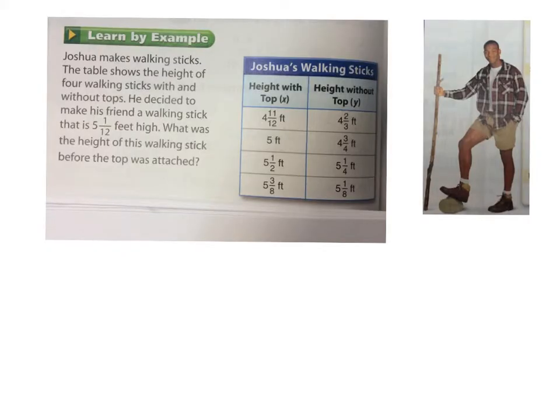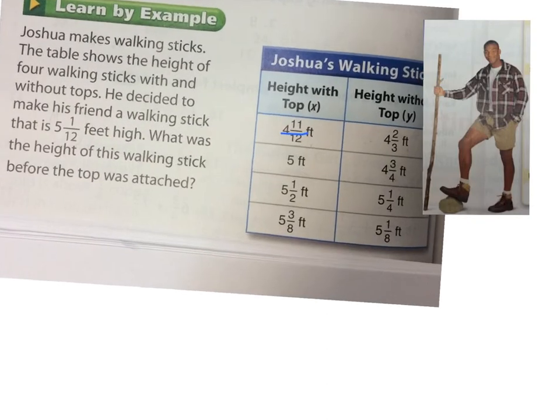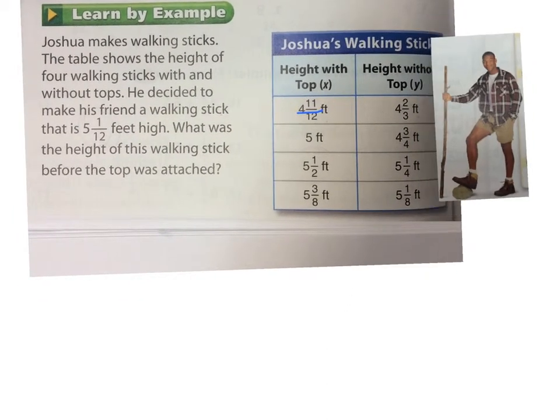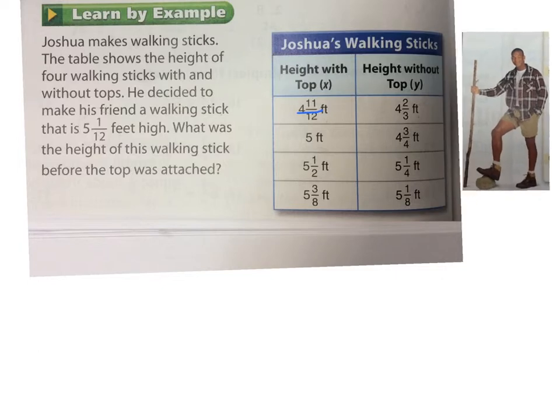Let me see if I can make it a little bigger. Okay, Joshua makes walking sticks. This table shows the height of 4 walking sticks with and without tops. So I guess a walking stick has a top to it. Hold on one second.